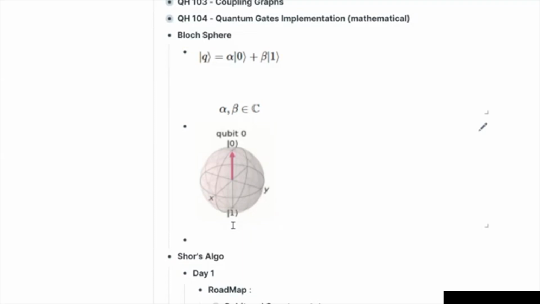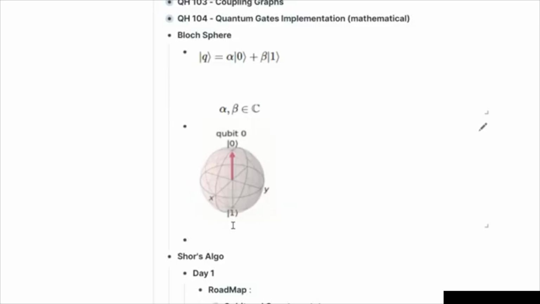But then what are the y and x axes? In this particular representation, we have the y axis as the plus and minus i, which is the square root of minus 1. And the z axis is simply between the probabilities of zeros and ones.